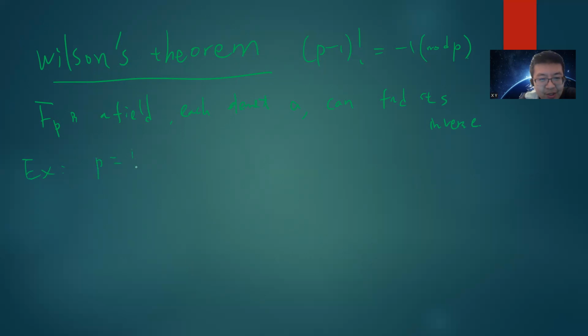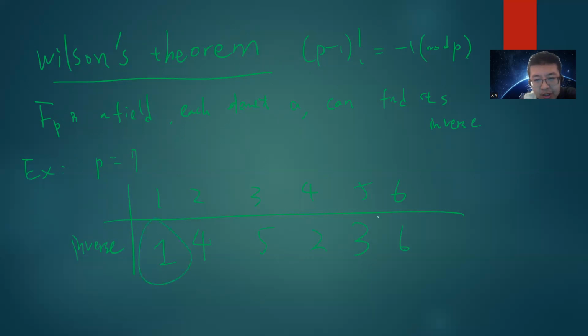Let's say p is 7. I consider 1, 2, 3, 4, 5, 6 and their inverses. The inverse of 1 is 1. The inverse of 2 is 4, because 2 times 4 is 8, and 8 minus 7 is 1. The inverse of 3 is 5, and the inverse of 6 is 6.